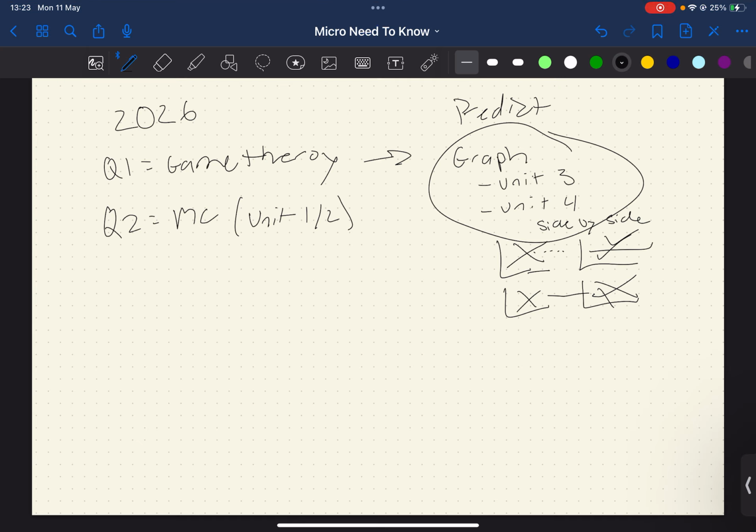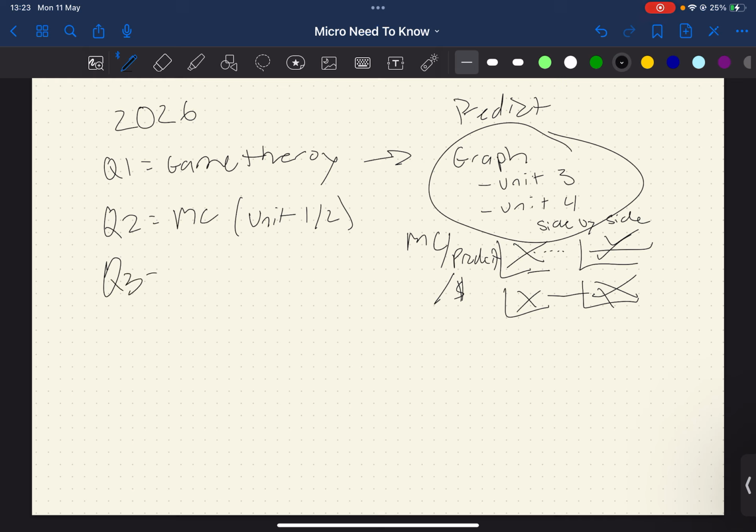So continue to prepare. Remember that there are different types of marginal cost questions: marginal cost per product and marginal cost per dollar. That is going to be very important as well, right?